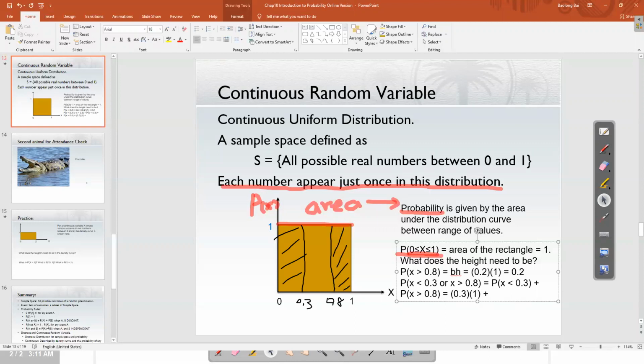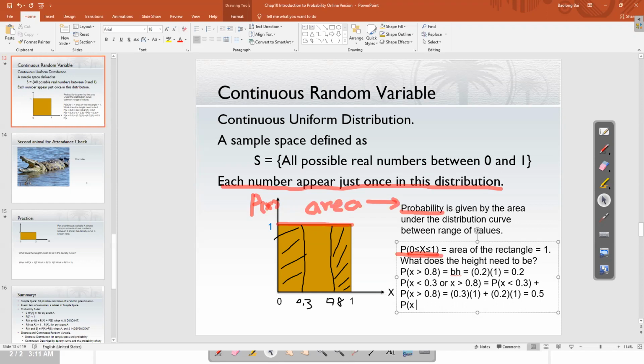And then greater than 0.8 will be 0.2, sorry, times 1. So the probability will be 0.5, right?